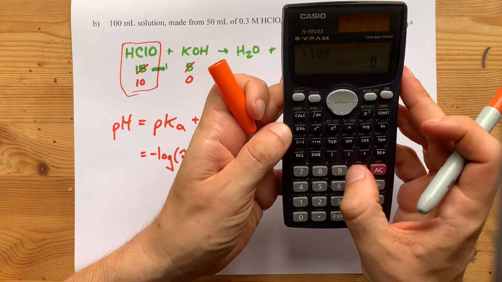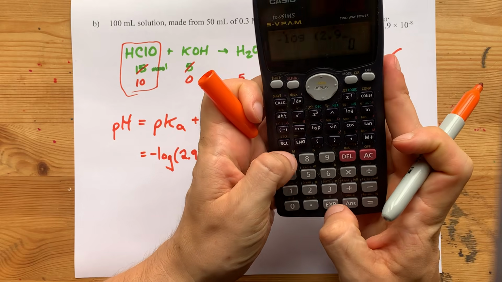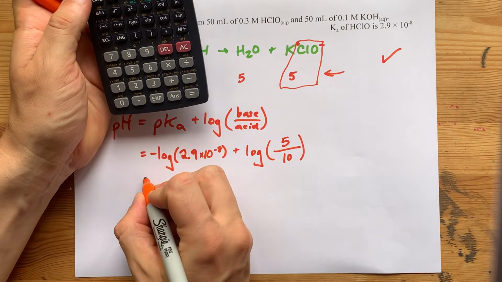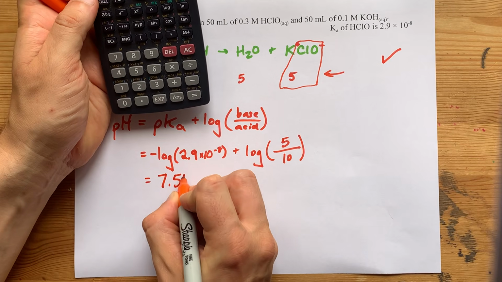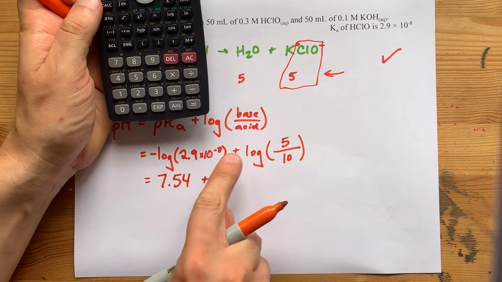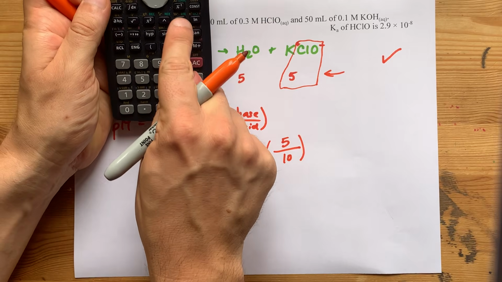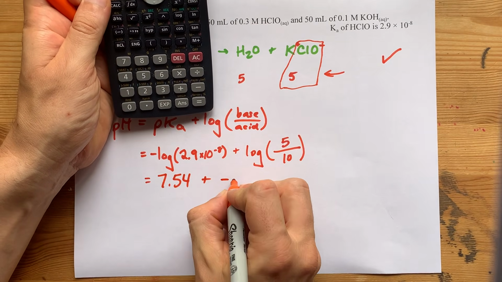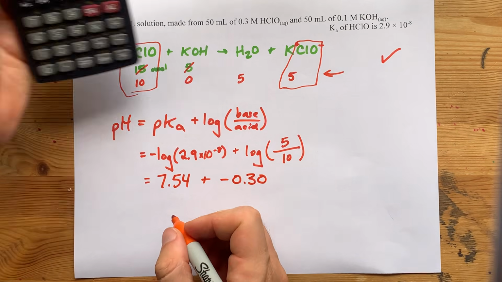Negative log of 2.9 times 10 to the negative 8 gives me a pH of 7.54 plus, and then I do the log of this, log of 5 over 10. That's negative 0.30.